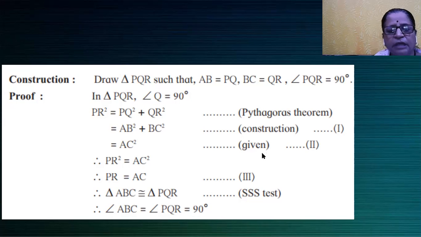This is the second equation. Therefore PR square is equal to AC square, so PR is equal to AC. This is the third equation. So triangle ABC is congruent to triangle PQR by the SSS test. Therefore angle ABC is equal to angle PQR, which is 90 degrees.